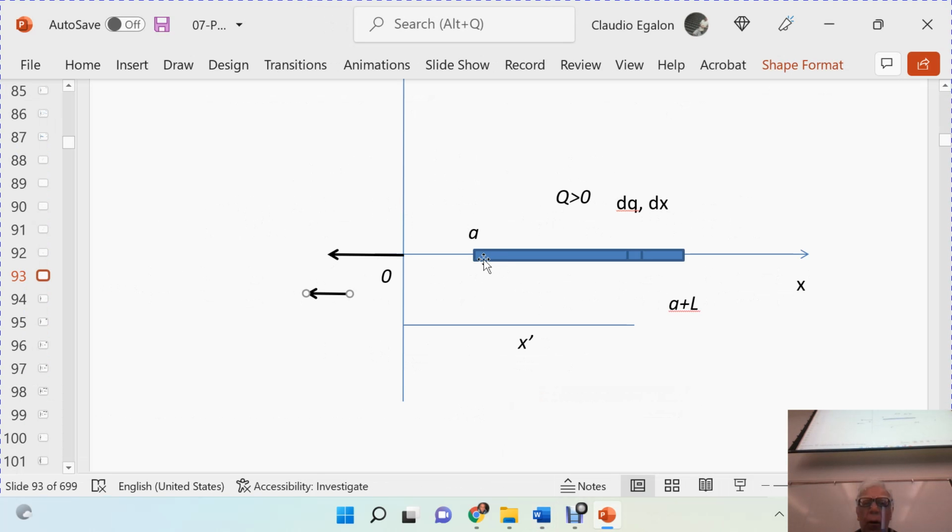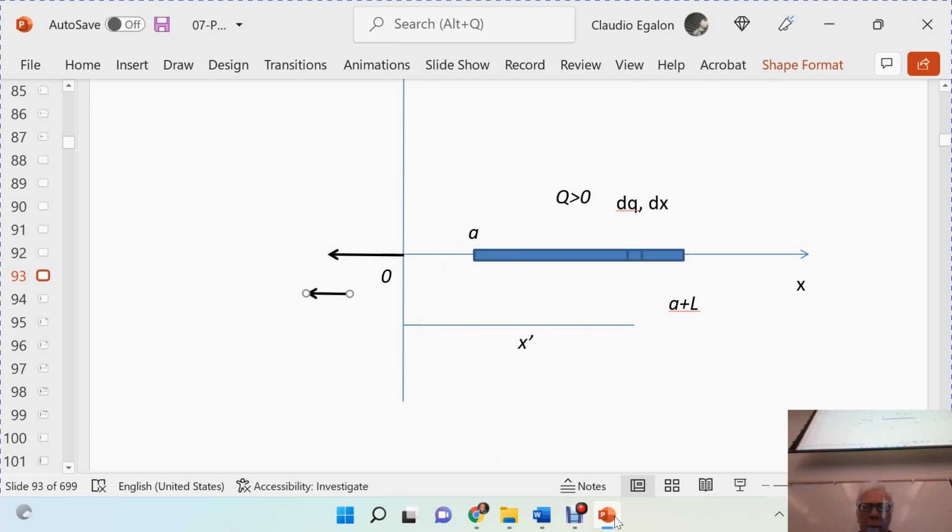So suppose that I go ahead and move this rod to the right to a very far away position. This A here, this space, is going to increase, increase, increase to a point where A is 10 times L or more. When we do that, the size of the rod is going to be very small compared to the distance to the point here at the origin of the axis, okay?